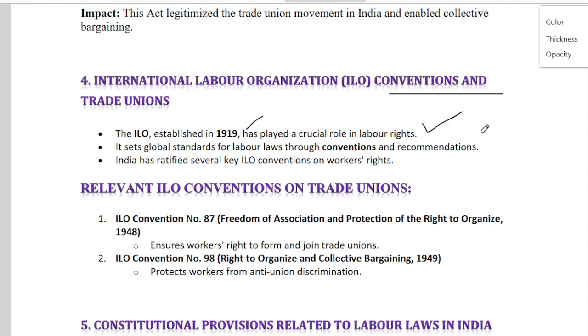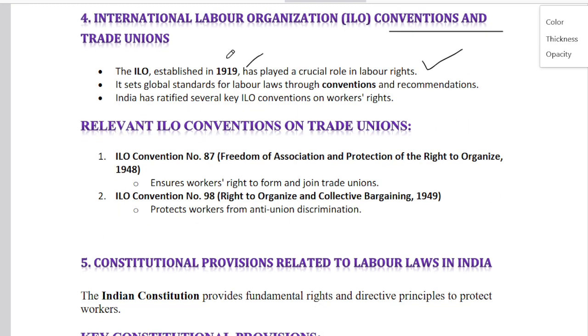At the time of the war, all these resources were given to the war, so they didn't have much chance to fight for their rights. After this First World War, they started organizing the unions.